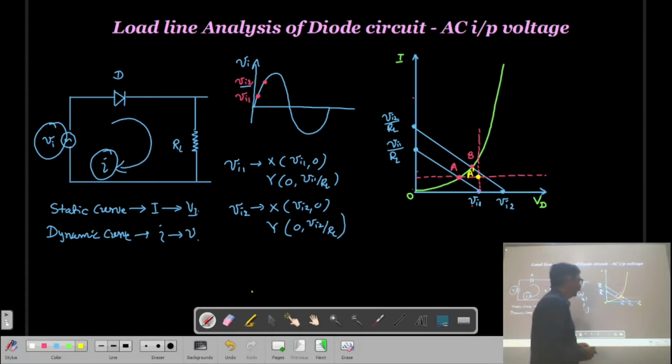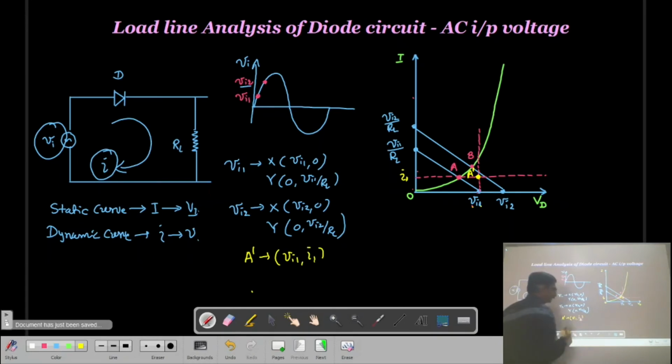A dash is indicating that when my input voltage is VI1, at that time I1 current is flowing in the circuit. So the coordinates of the point A dash are VI1 and I1.